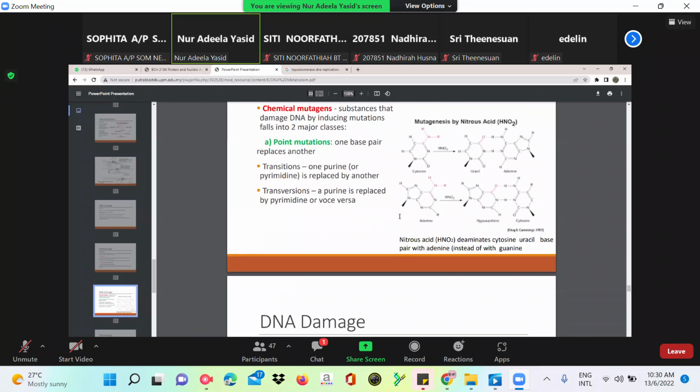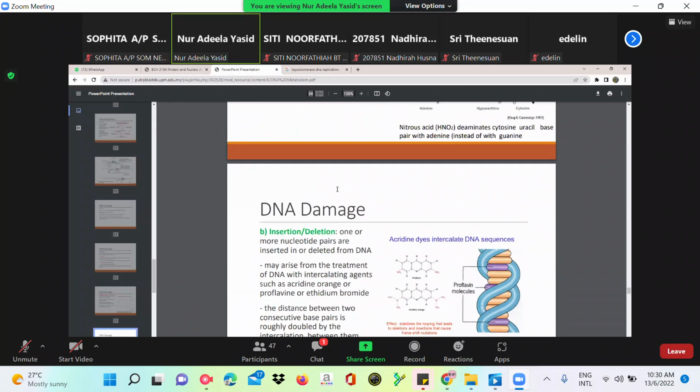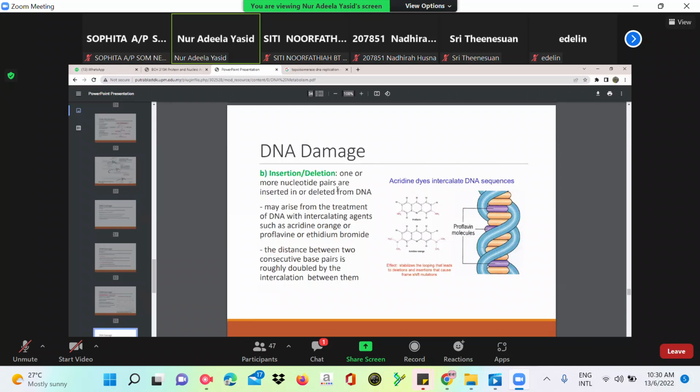Alright. For insertion and deletion, it is either the insertion of a nucleotide or the deletion of a nucleotide from the DNA. An example is acridine dyes. Acridine dyes can intercalate into DNA sequences.